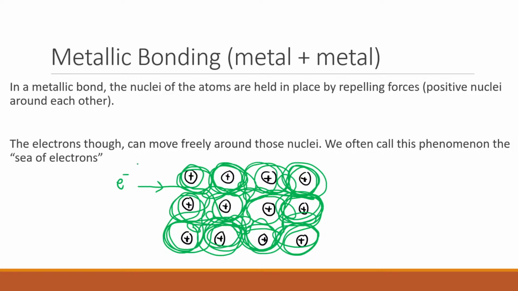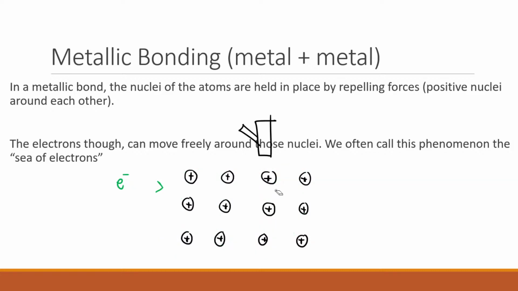Now, what does this do for us? Right? Why is this important? Why does this allow metals to be hammered into different shapes? Right, let's think about that. Here comes a hammer. If I take a hammer and I hit this nucleus, and we're going to erase our electrons because I have no choice.